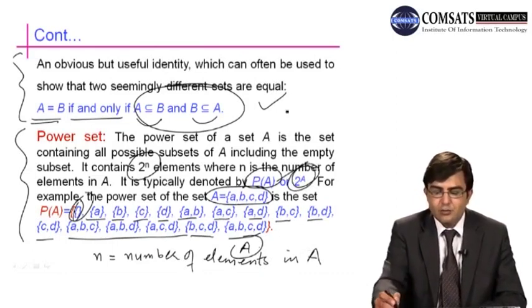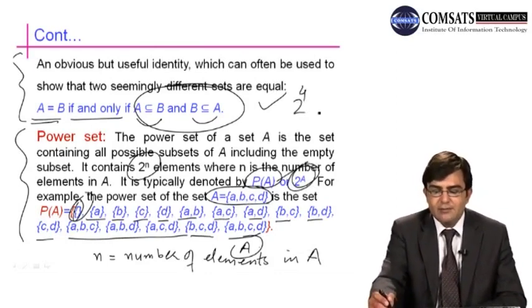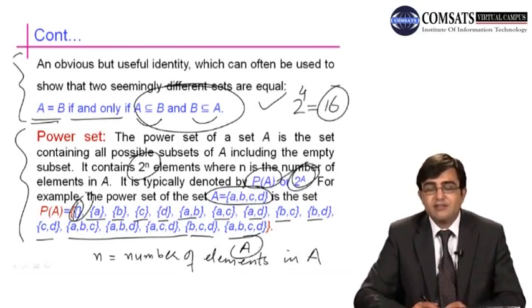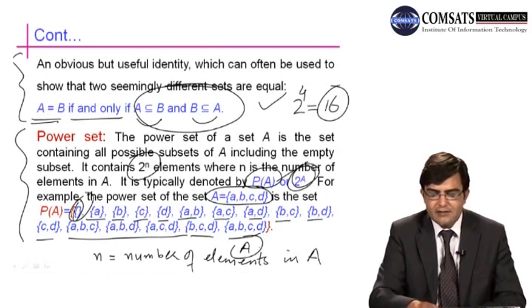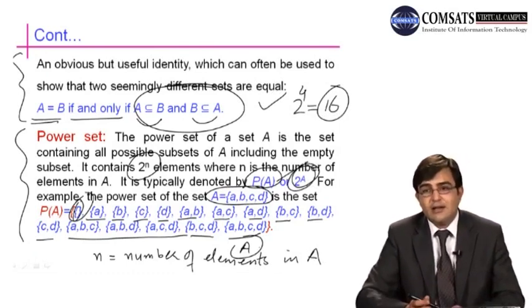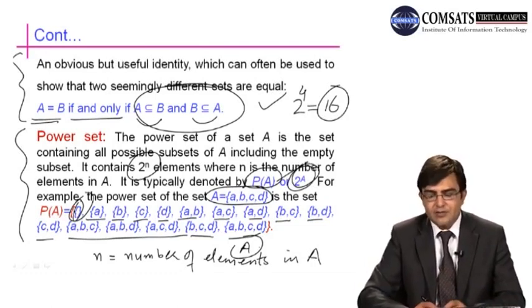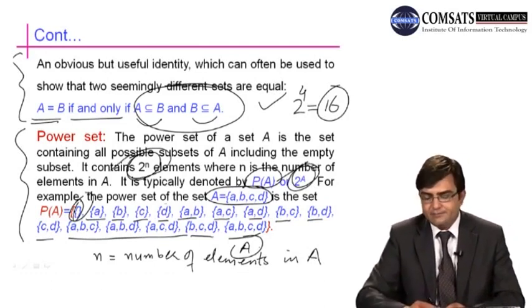The number of elements is 2 power 4, because there are 4 elements in A. 2 power 4 is 16. So in the power set of A, we must have 16 elements, which we can count: 1, 2, 3, 4, 5, 6, 7, 8, 9, 10, 11, 12, 13, 14, 15, 16. So there are 16 elements in the power set of A. This is how we can calculate the elements in the power set.